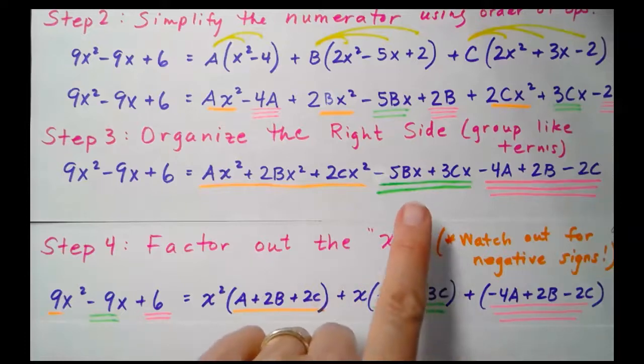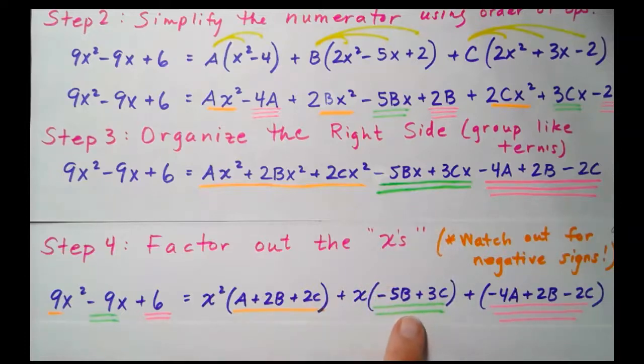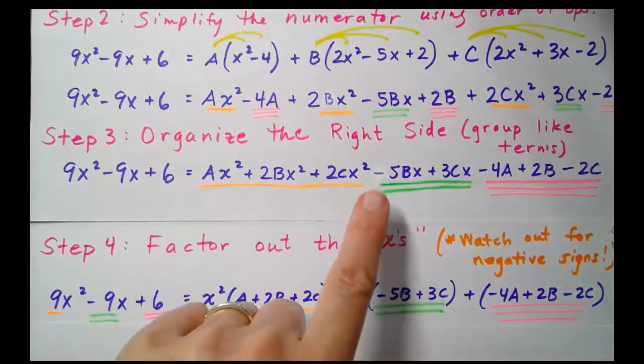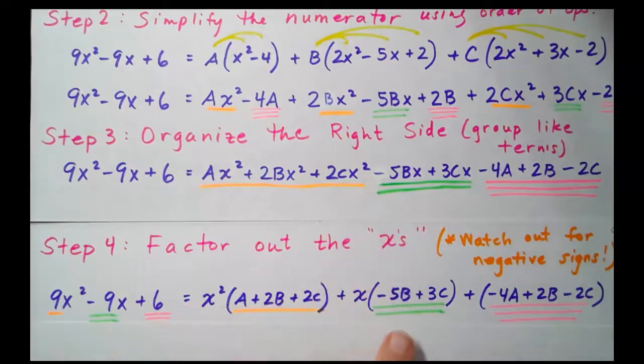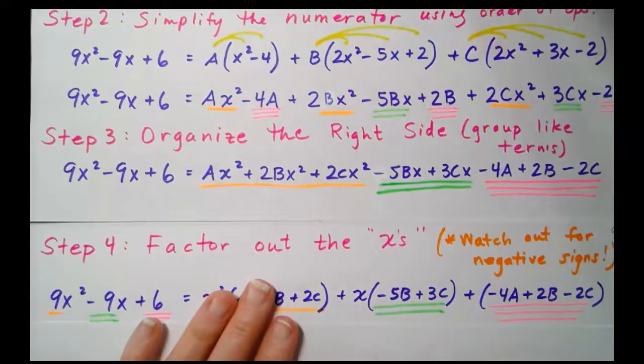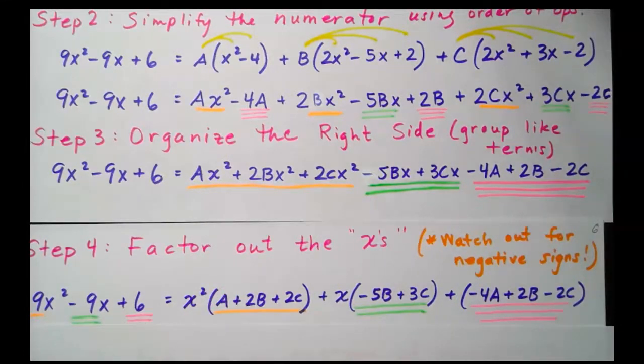I did the same thing with the green scored terms. I took out the x. Be careful of that minus sign right there. Took out the x, and I'm left with negative 5b plus 3c. And then lastly, all the constants get grouped together.